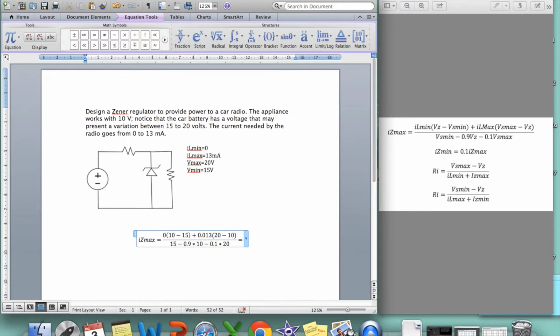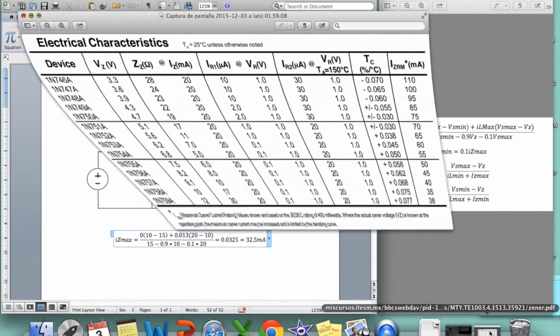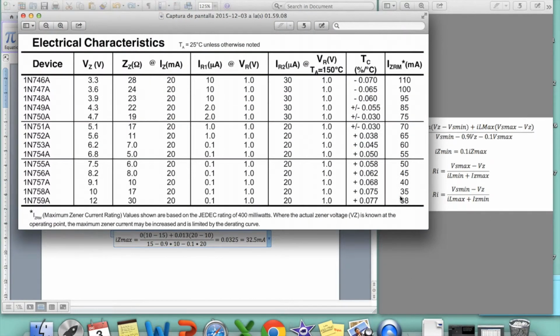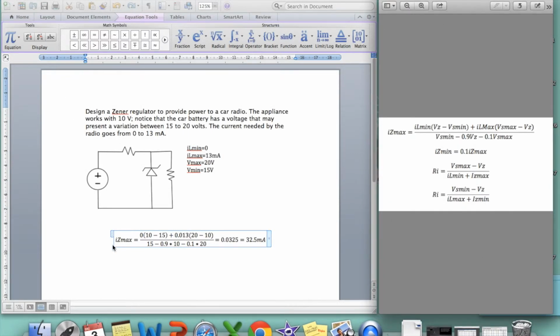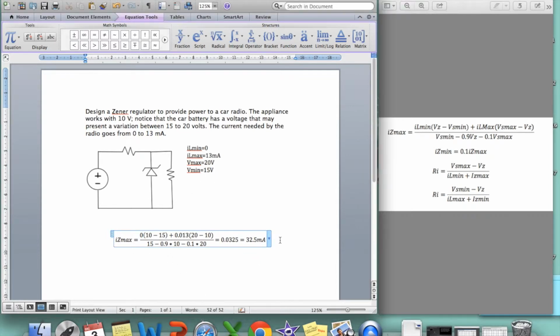We put this in our calculator and it gives us 0.0325, which equals 32.5 milliamperes. We go back to our datasheet and we see that it's less than the IZ maximum that they give us, so we can continue with these values.